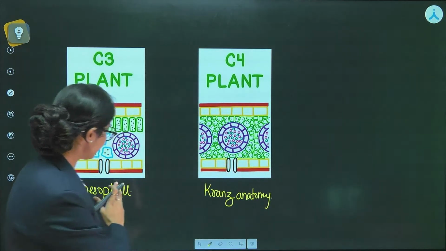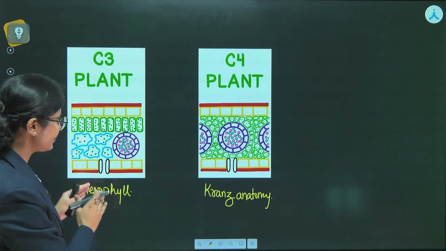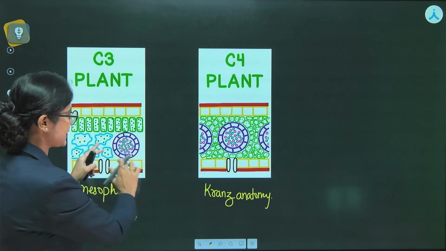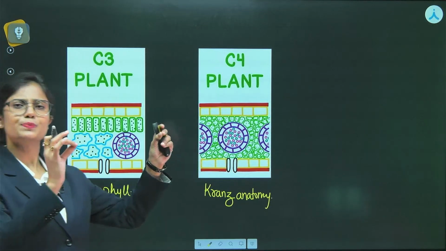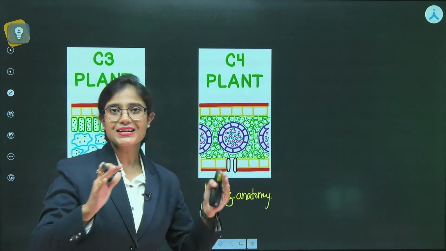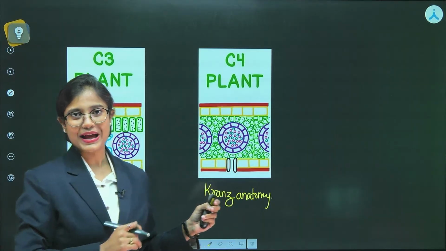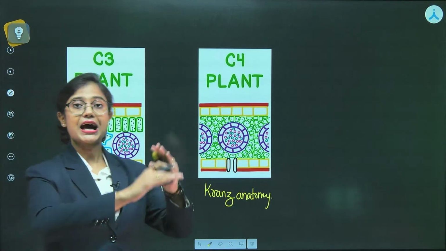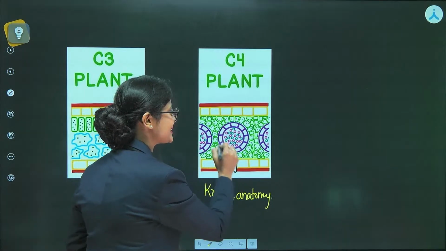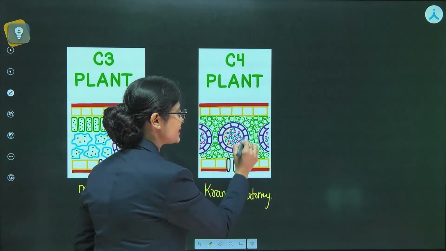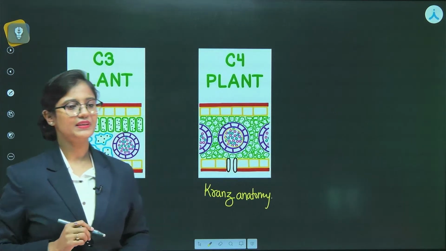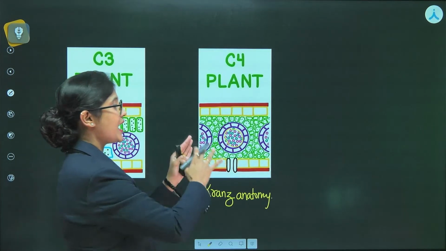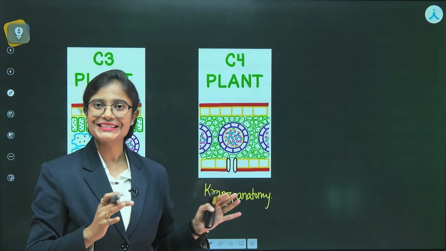जैसा कि हमने C3 plant में देखा that it has the mesophyll cells. These are the mesophyll cells and this is the vascular bundle. But in the Kranz anatomy, which is the characteristic feature for the C4 plants, vascular bundles are surrounded by bundle sheath cells. So these are the vascular bundles and they are surrounded by bundle sheath cells.